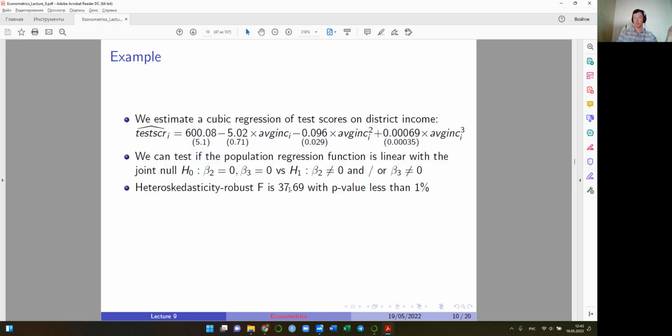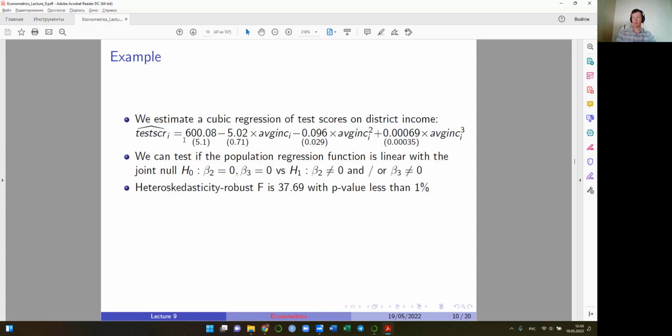We compute this, and it is 37.69, and the p-value is something like 0.16... it is much less than 1%. So therefore we can reject H null. The relationship between test score and district income is nonlinear.